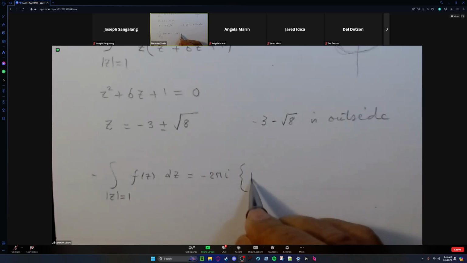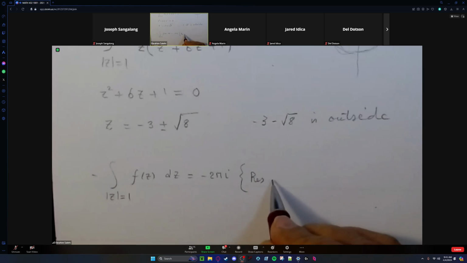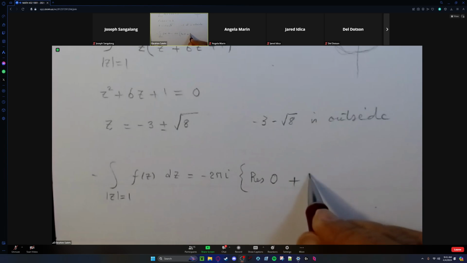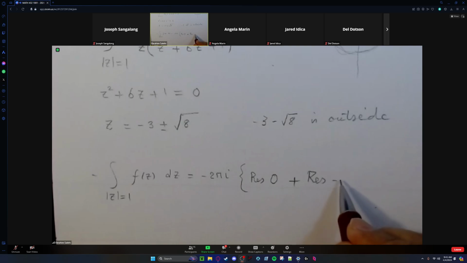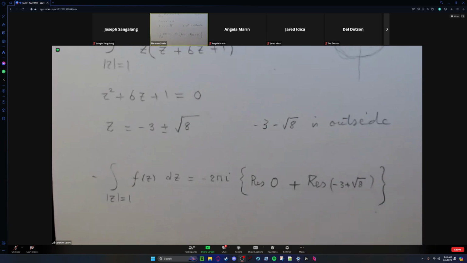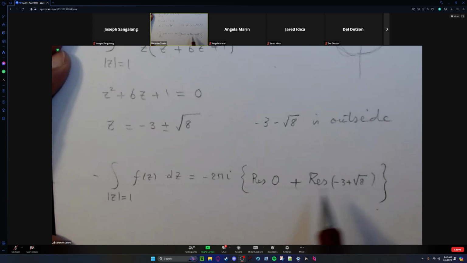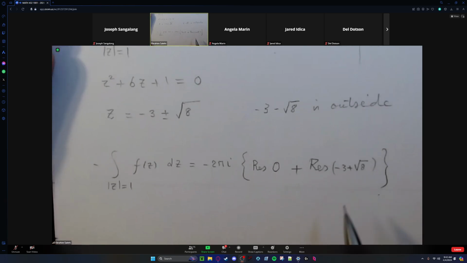So residue at 0 plus residue at negative 3 plus the square root of 8. Now, both this 0 and this one are simple poles, right? Both of them are simple poles.